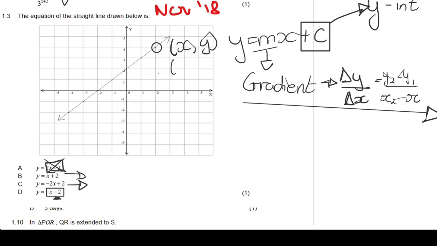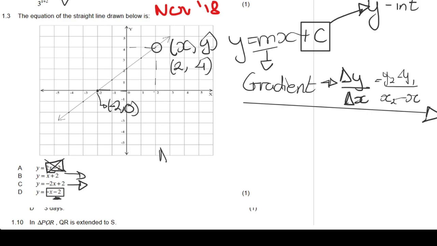So x is 2, and y is 4. And then let's take, why not this point? This point is the easiest. This is going to be x is minus 2, and the y value is 0.